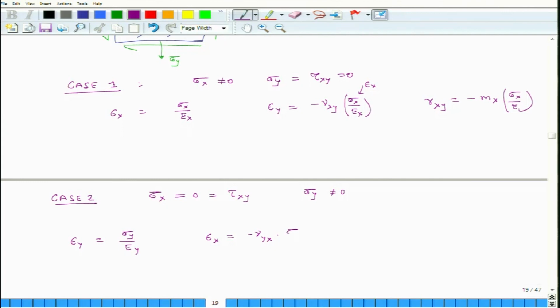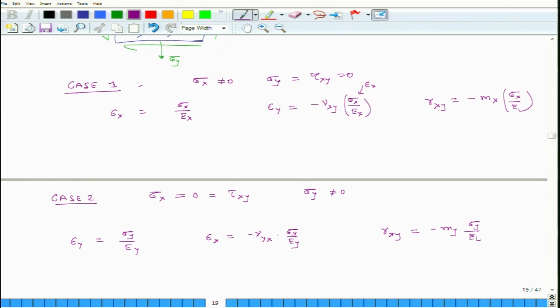And what is the strain in the y direction? Sigma y by Ey. And there will also be a shear strain gamma xy, and gamma xy will be equal to minus my sigma y divided by EL. So, this is the second case.